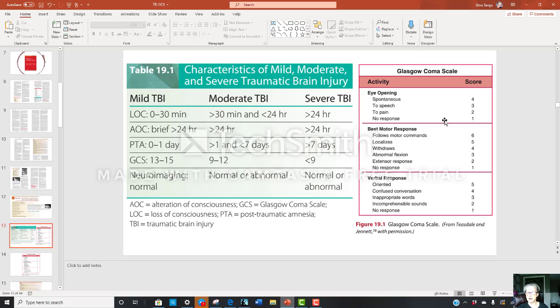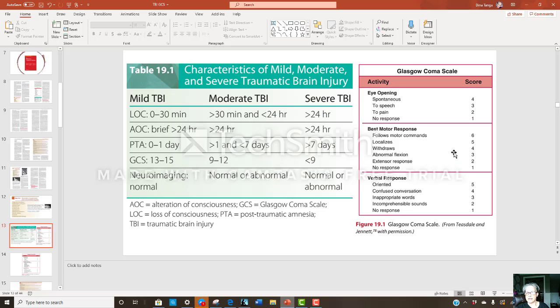No response is a 1, spontaneous is a 4. That's eye-opening. Best motor response, follows motor commands is a 6, no response is a 1. Verbal response, oriented is 5, and no response is a 1. So there are 3 categories: eye-opening, best motor response, and verbal response. So motor, verbal, and eyes.